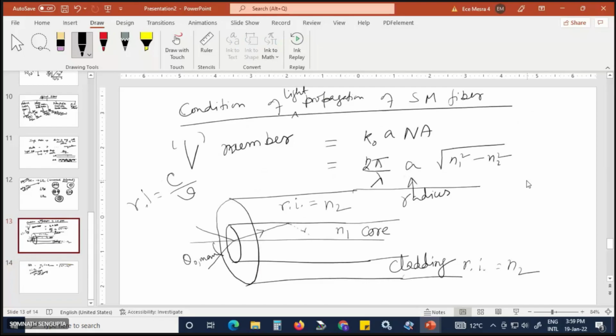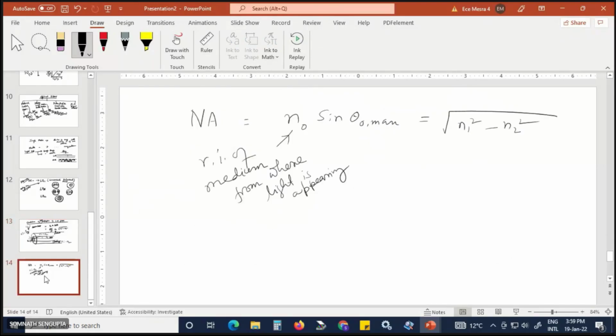So to know the light propagation, you have to know the V number. For single mode fiber, V number is less than or equal to 2.405. This is the condition for single mode fiber.